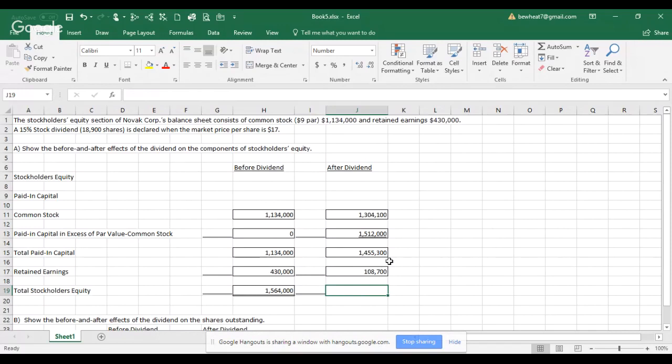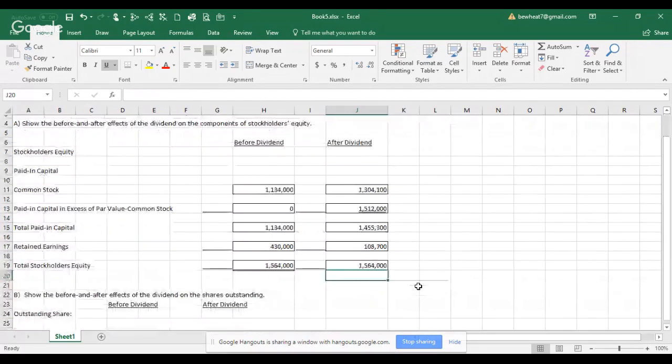Then we add our total paid-in capital to our retained earnings for a total that is the same as our other column, which is what we want.